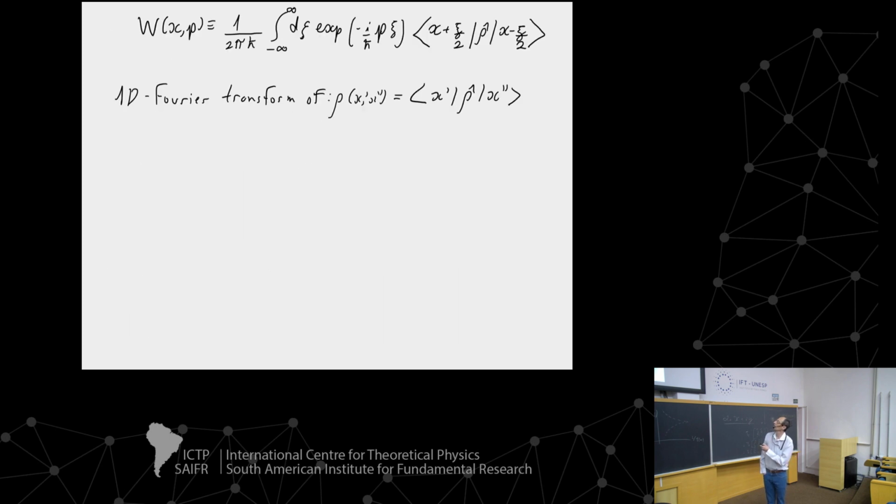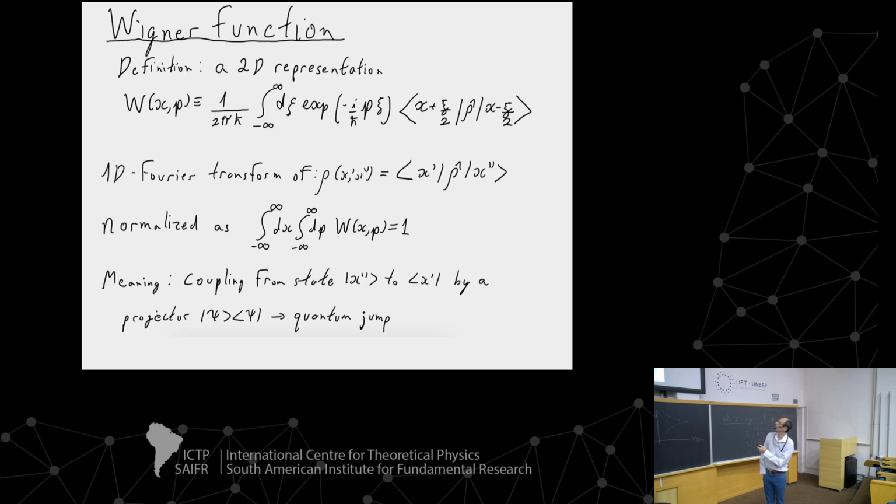So using this 1D representation here, I am changing the terms a little bit, just for the sake of following the notation given by Schleich's book. So they have the 1D Fourier transform involving two positions.